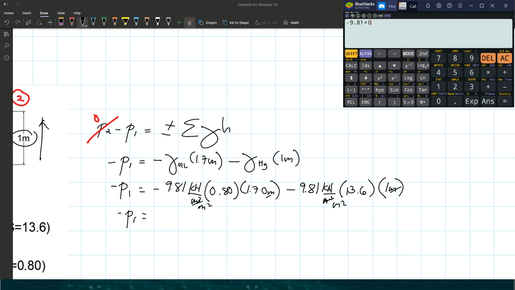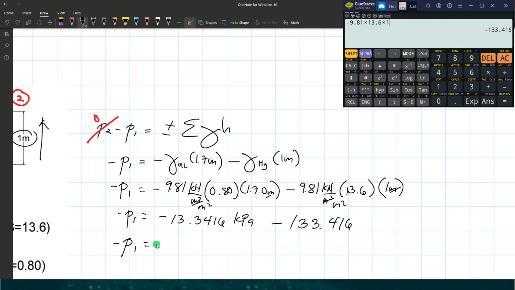9.81 times 0.8 times 1.7. It's negative 13.3416 kilopascal minus, this is 13.6 times 1, negative 133.416.